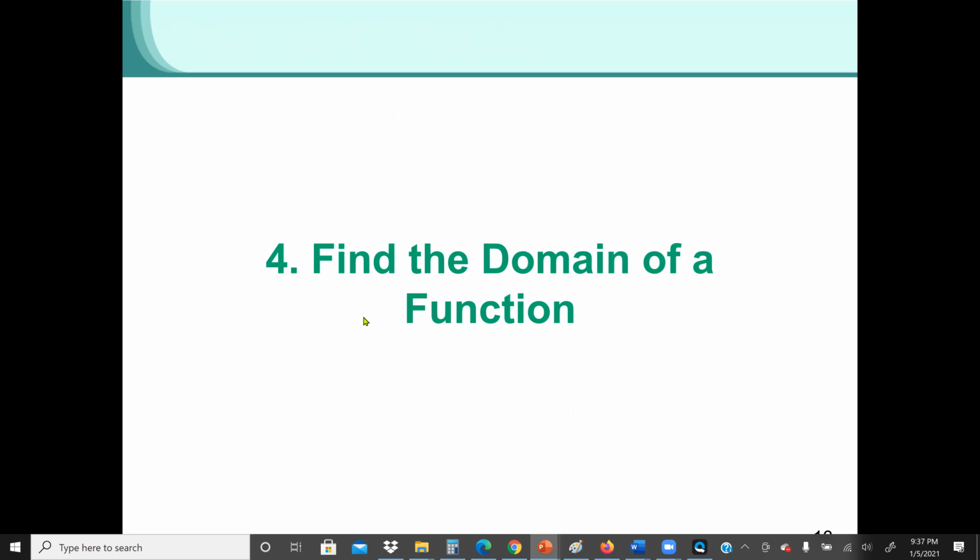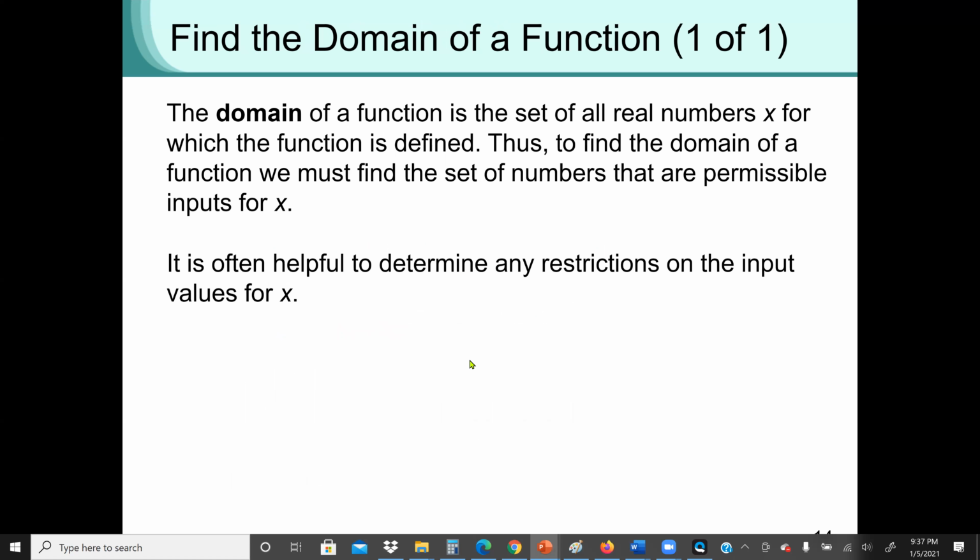Now let's move on to how to find the domain of a function. The domain of a function, again, as we said earlier, is the set of all real numbers x for which the function is defined. And always x is the first term. Thus, to find the domain of a function, we must find the set of numbers that are permissible inputs for x.